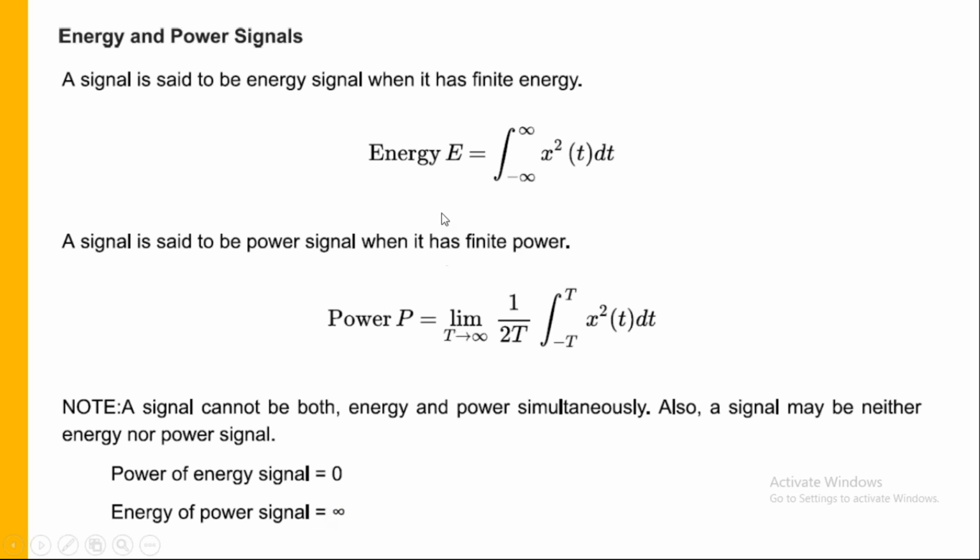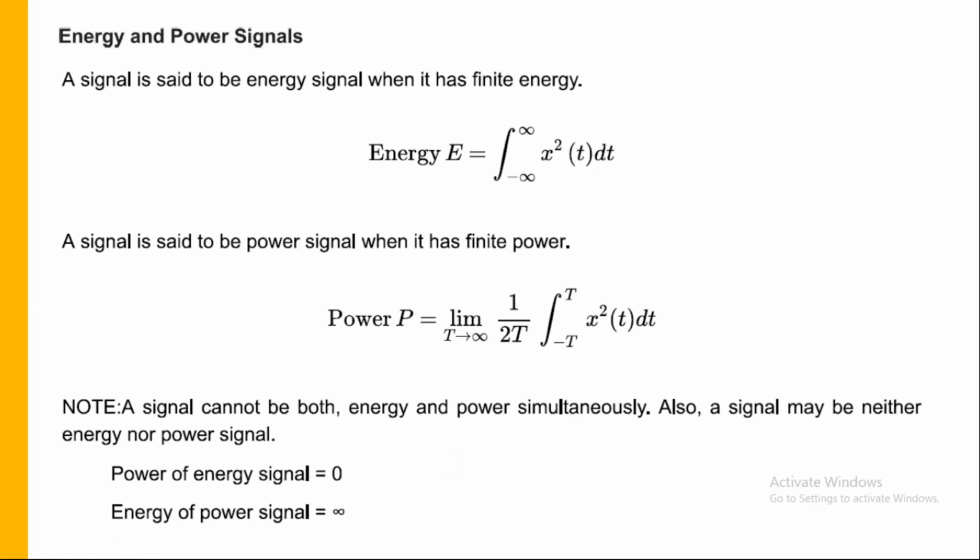Whereas the energy of a power signal, try to understand that. If you apply T tends to infinity, you will get all the limits minus infinity to infinity, so you will get infinite. So the power of an energy signal is 0, but the energy of a power signal is infinite.